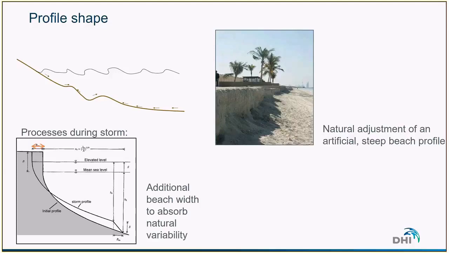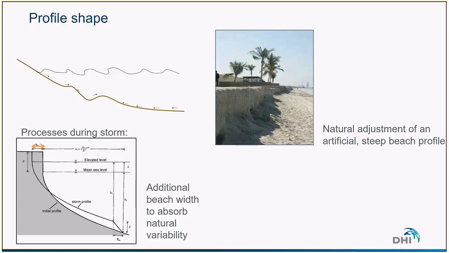When we add some sand to a beach, it will naturally tend to adjust based on the processes. Here we can see on that picture that some sand has been added to the beach, and it has naturally adjusted to the conditions and the forcing by becoming very, very steep. That's something we would like to avoid.